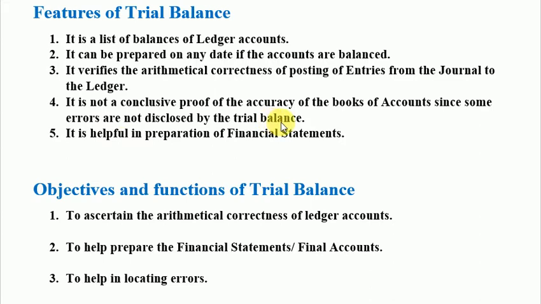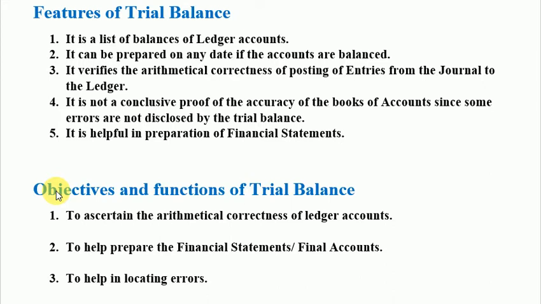So that is what I want to say, that even if there is an error, the trial balance can still match. Then number five, it is helpful in preparation of financial statements, which means trading and profit and loss account. So these are the main points of features of trial balance.